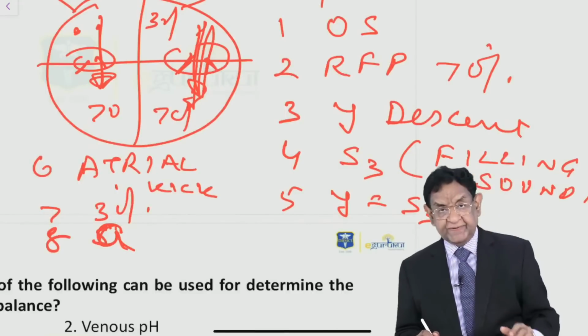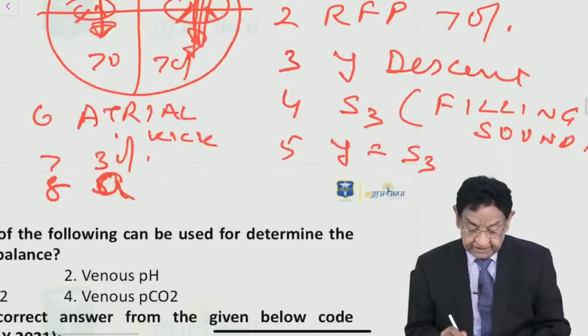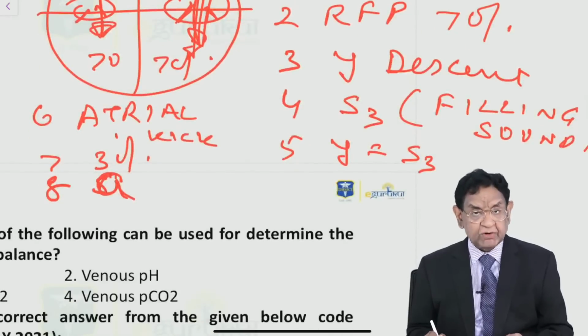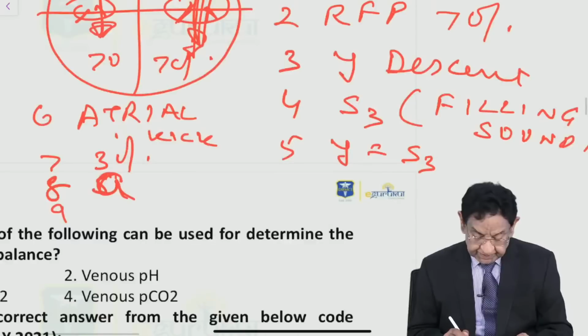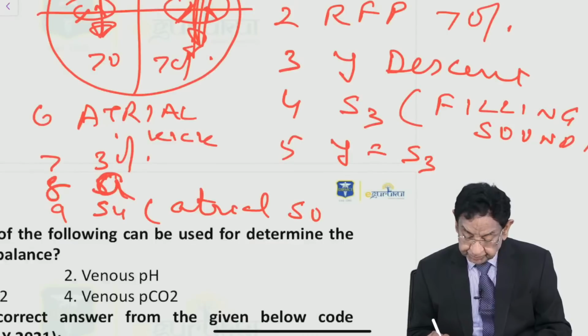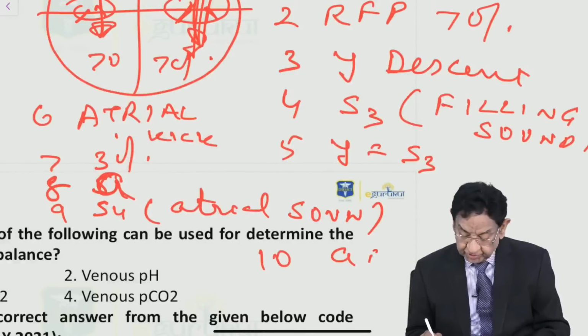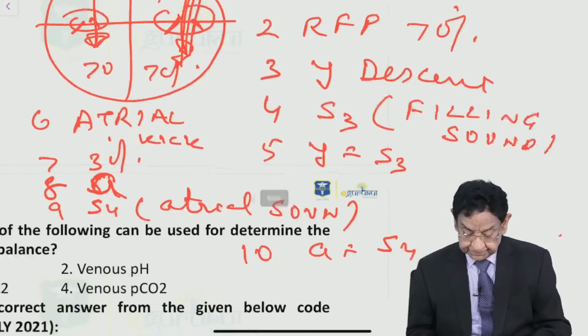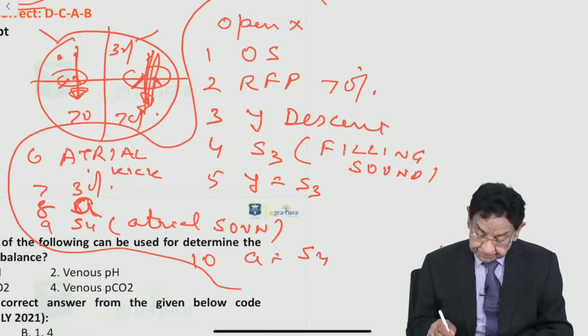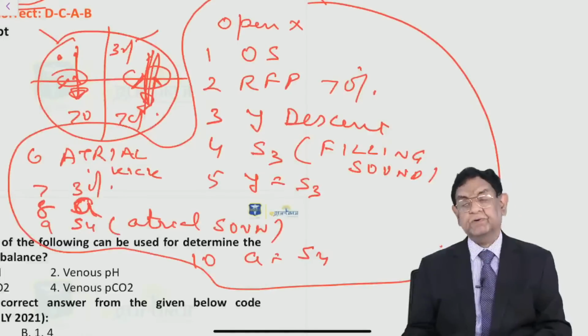We all know the A wave is produced due to atrial contraction. And on the left side, normally no sound, but if a sound has to be there, it will be S4. That's why S4 is also known as the atrial sound. Now the A wave corresponds to S4. This is a very, very important box. Make a box.